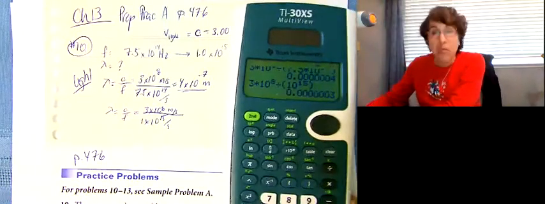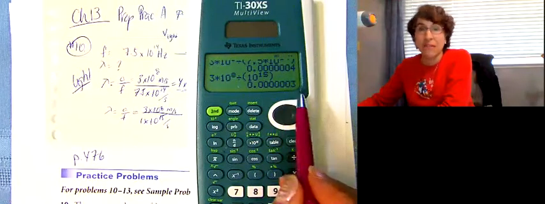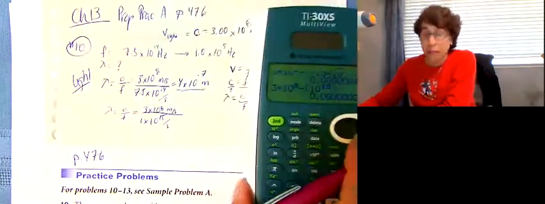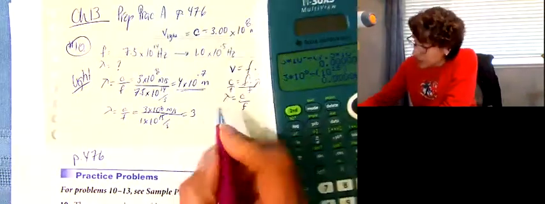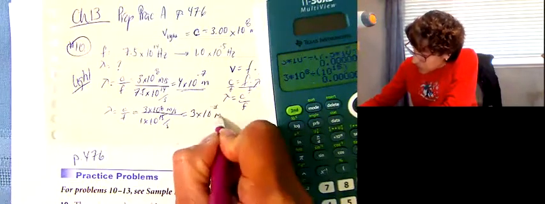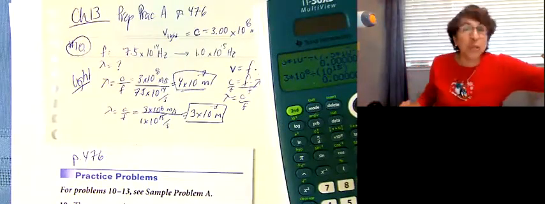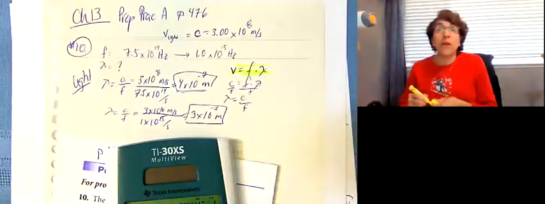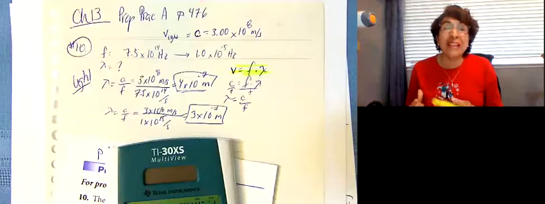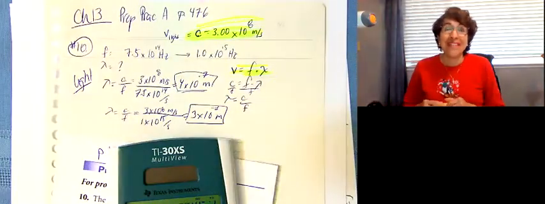I get another really, really small number, a little bigger. Counting 2, 4, 6, 7, this one's to the 7, so same order of magnitude. So I get 3 times 10 to the negative 7 meters. All we had to do was use the formula you already knew, that the speed of a wave is the frequency times the wavelength. But now we know the speed is the speed of light, which we use as lowercase c, 3 times 10 to the 8th meters per second.